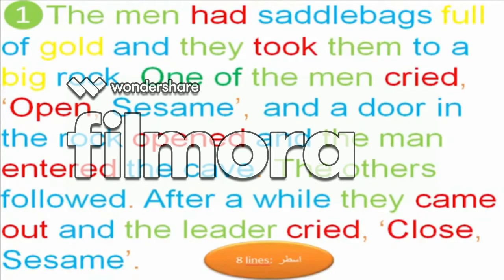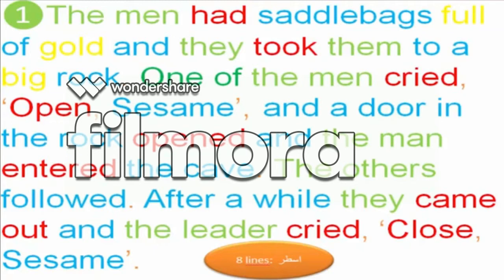So here we say the men الرجال took saddlebags أخذوا السروج. Instead of saying بدل أن نقول the men had saddlebags full of gold and they took them، يمكن أن نختزلها إلى the men took saddlebags. كيف كانت تلك السروج؟ مملوءة full of gold بالذهب.